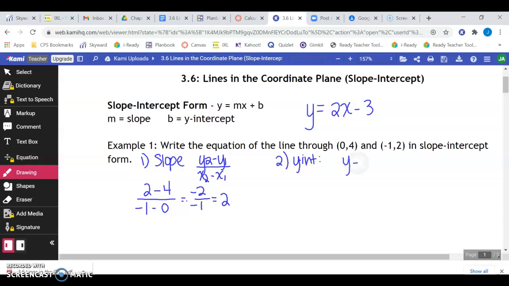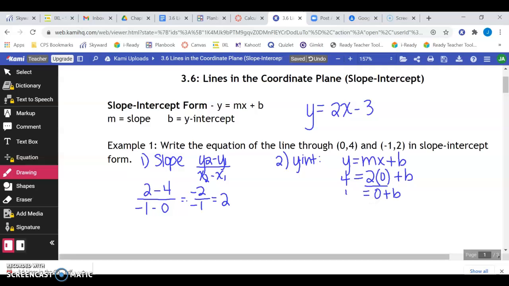So in the form of y equals mx plus b, I'm going to plug in the 2 for the m. In the ordered pair 0, 4, x is 0 and y is 4. And then we have to figure out what that plus b is. So we simplify that. 2 times 0 is 0.